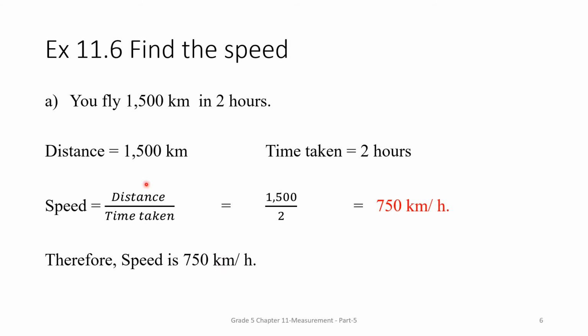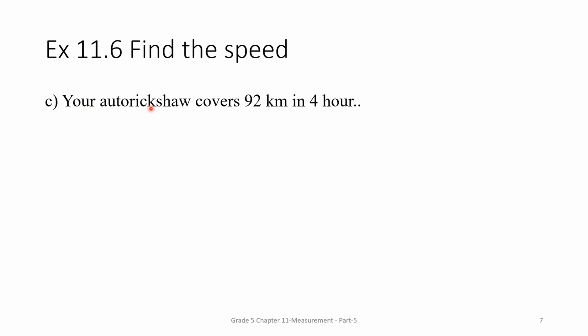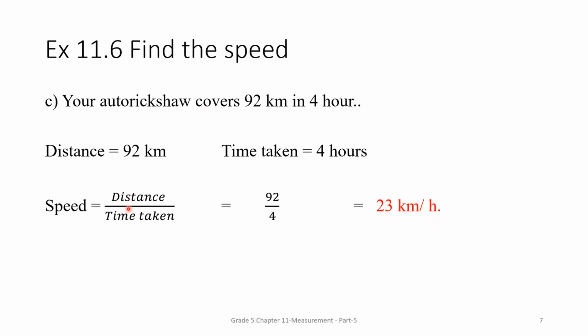Now scholars, we will solve sum number C, which is: your auto rickshaw covers 92 kilometers in 4 hours. Again, distance and time are given in the statement. So first of all, we will write distance, which is 92 kilometers, and time taken is equal to 4 hours. Now we have to find speed. Speed is equal to distance by time taken.